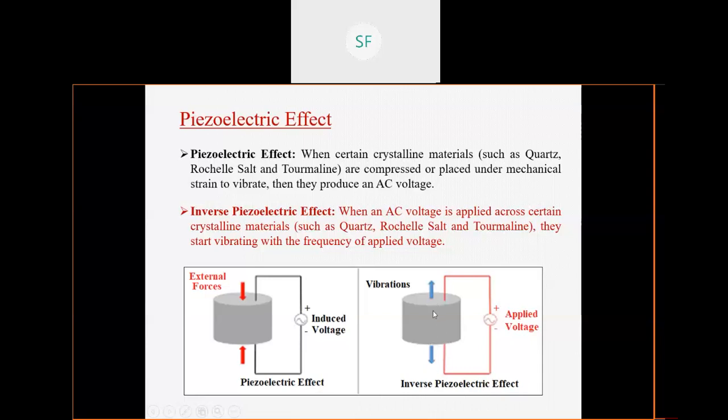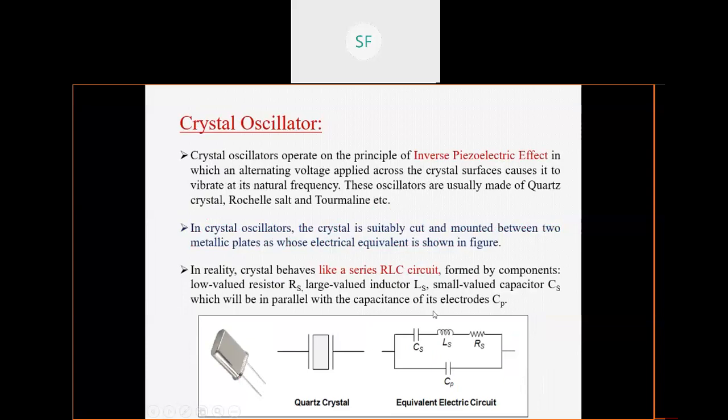And this frequency is given. There are two frequencies at which your crystal can vibrate. Why are there two frequencies? Because this is the electrical equivalent circuit of the crystal, and in this electrical equivalent there is a parallel capacitor. Due to this parallel capacitor, two resonating frequencies arise.